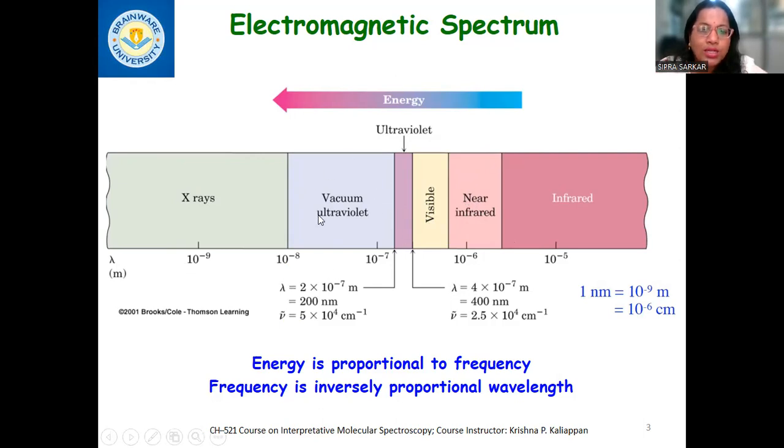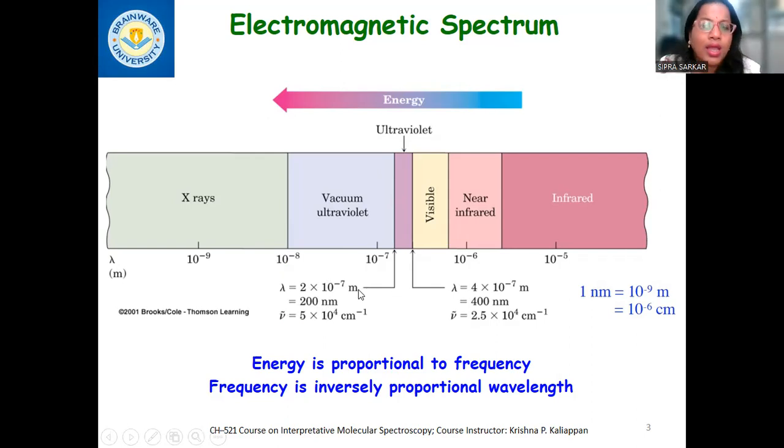Below the UV light, there is vacuum ultraviolet, which also has very short wavelength, like 10 to the power minus 7 to 10 to the power minus 8. And X-rays come under 10 to the power minus 8 to 10 to the power minus 9. If it is converted into nanometer or per centimeter, then we have to multiply. 10 to the power minus 6 meter, this is centimeter.